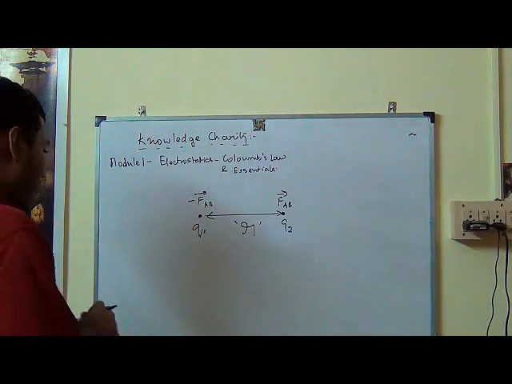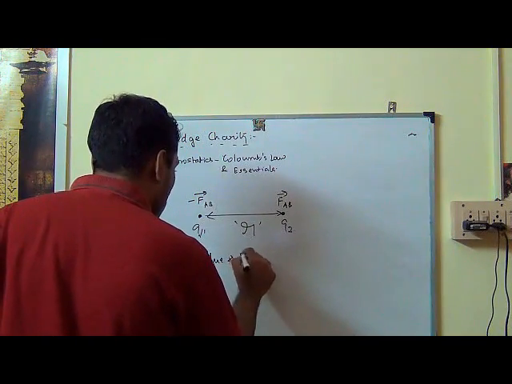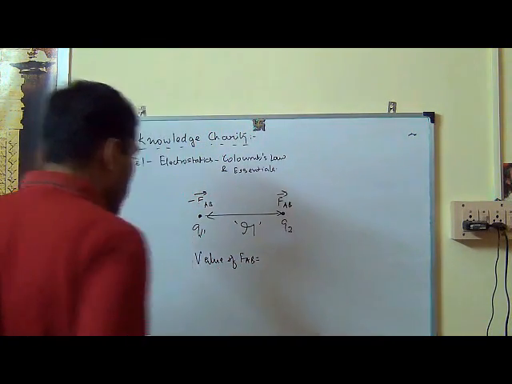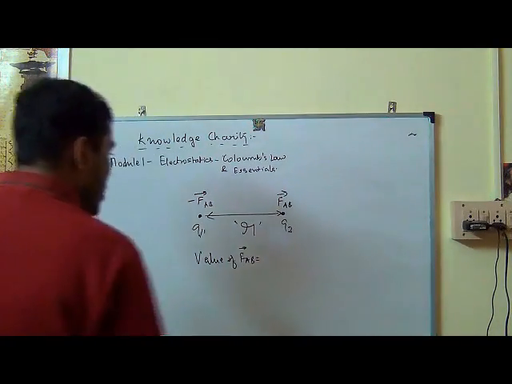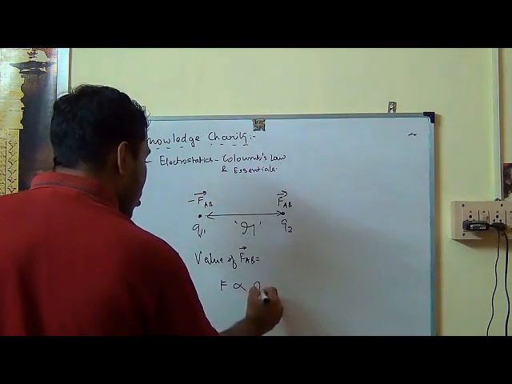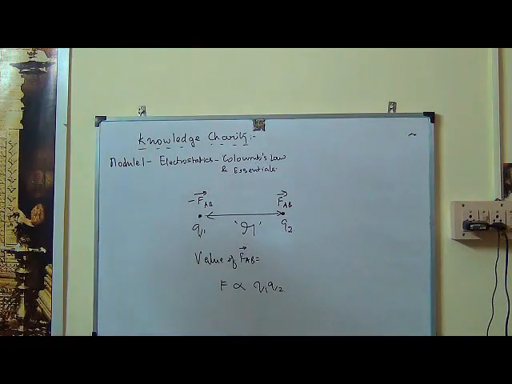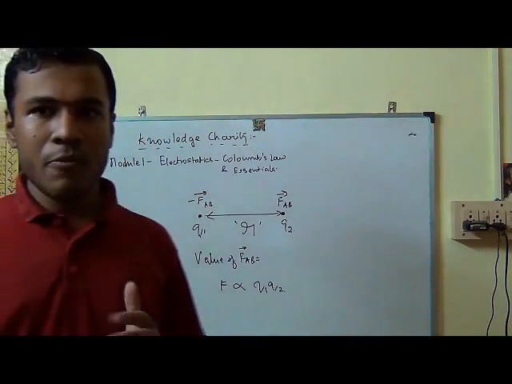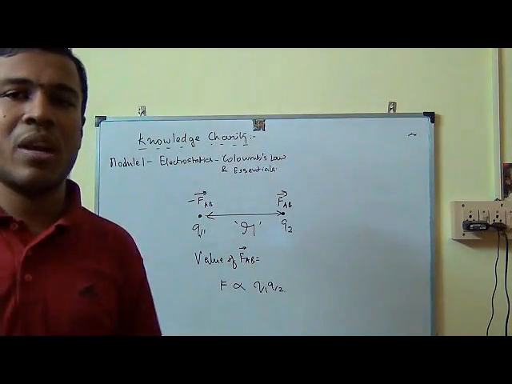So this value of FAB, let us compute. This FAB is proportional to the product of Q1 and Q2. If the product is more, the force is going to be more. If the product of both the charges is less, then the force is going to be less.